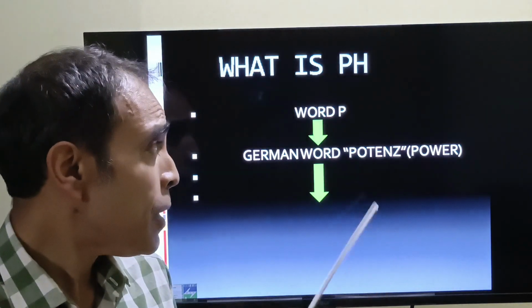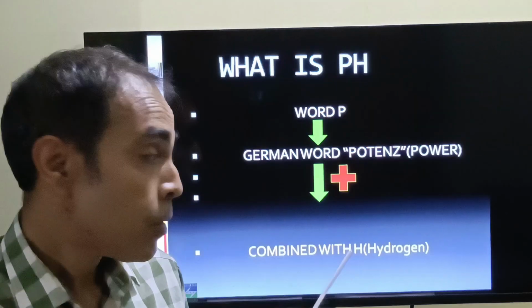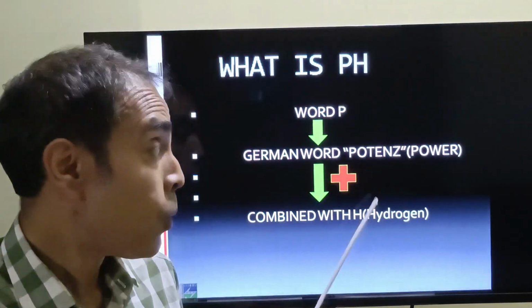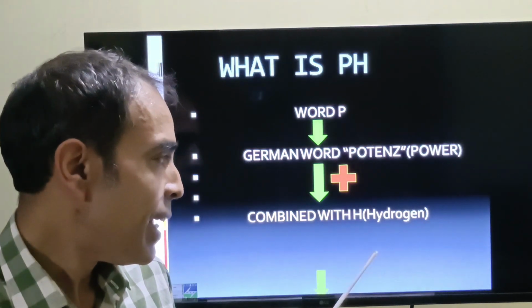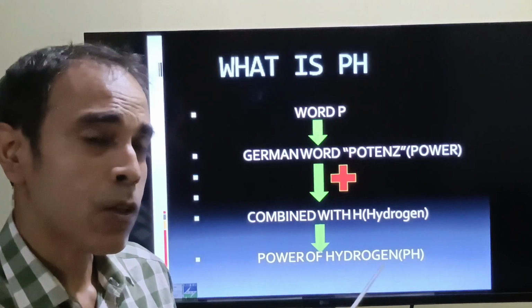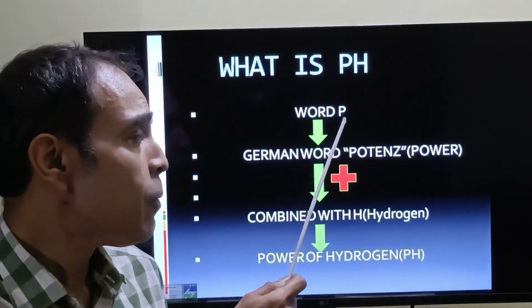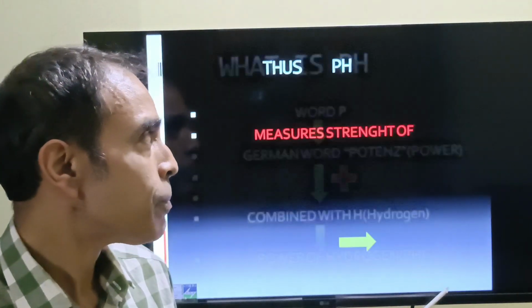So when this P, power, is combined with hydrogen, it forms what we call the power of hydrogen, or pH.